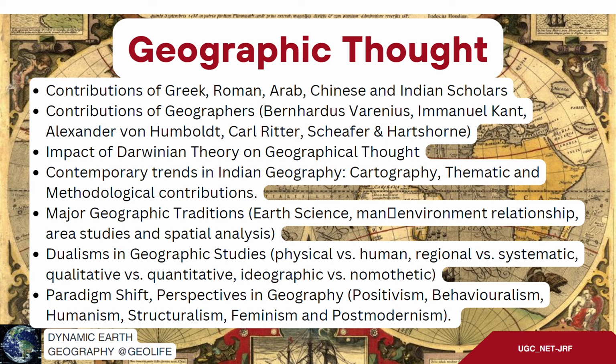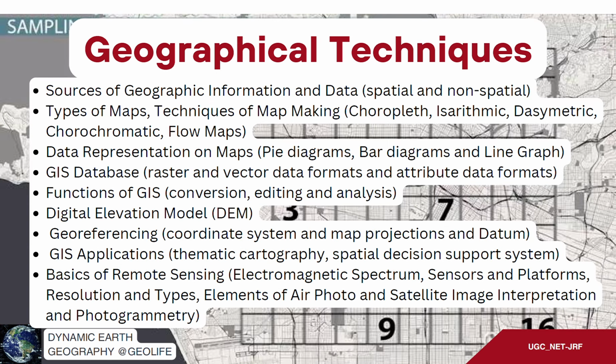So then the next unit is geographical techniques, and it is a large unit with many sub themes that you should understand, and practically you have to work with them in your masters and your research career. This geographical techniques unit includes the sources of geographic information and data, that is spatial and non-spatial data.